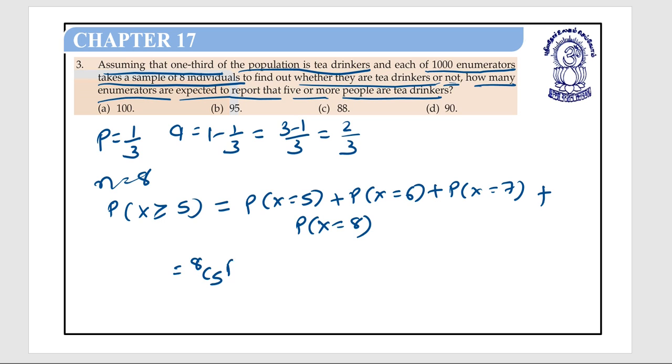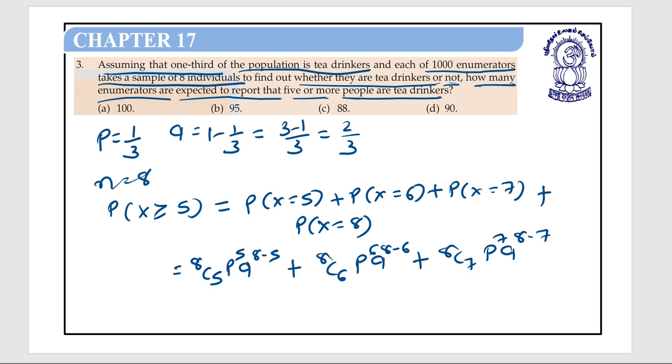So, 8C5 P raised to 5 Q raised to 8 minus 5 plus 8C6 P raised to 6 Q raised to 8 minus 6 plus 8C7 P raised to 7 Q raised to 8 minus 7 plus 8C8 P raised to 8 Q raised to 0.